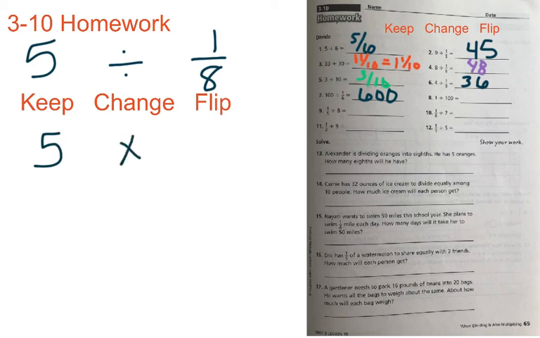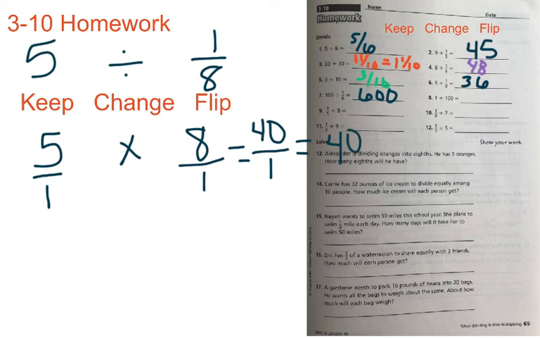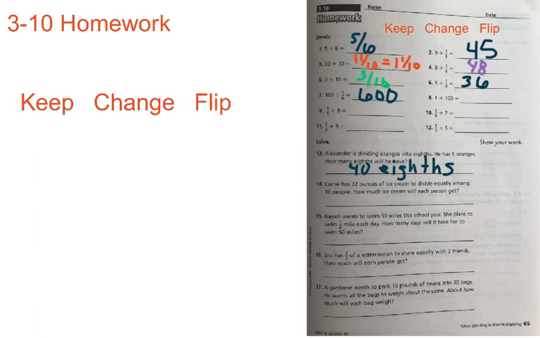Change our sign from divide to multiply, and flip our fraction from 1/8 to 8 over 1. And in order to write 5 as a fraction, we just write it over 1. 8 times 5 is equal to 40, and 1 times 1 is equal to 1. And 1 can go into 40 times. So our answer is 40 eighths. And you'll write the word eighths, E-I-G-H-T-H-S.